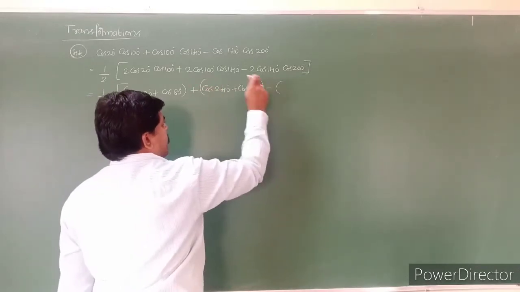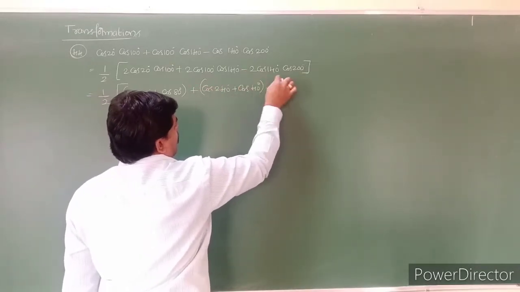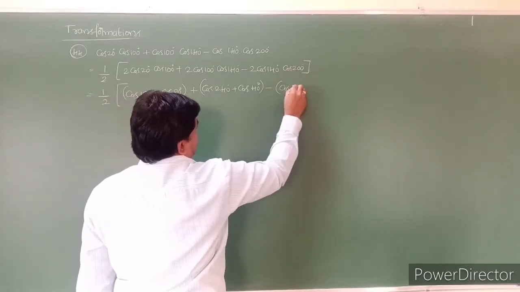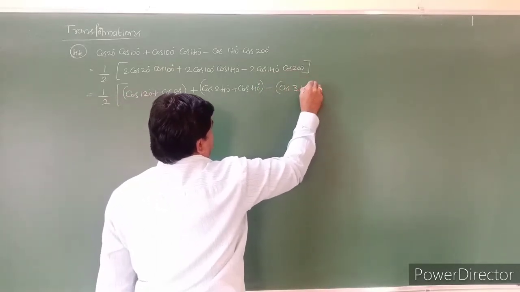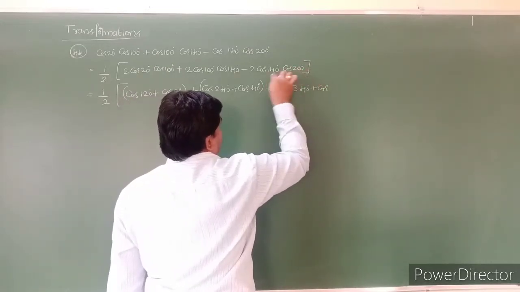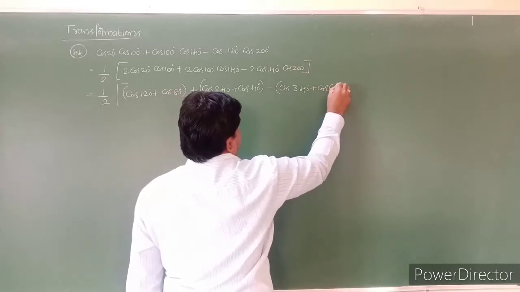And minus 2 cos A cos B, once again cos of A plus B is 340 degrees plus cos of 200 minus 140, which is 60 degrees.